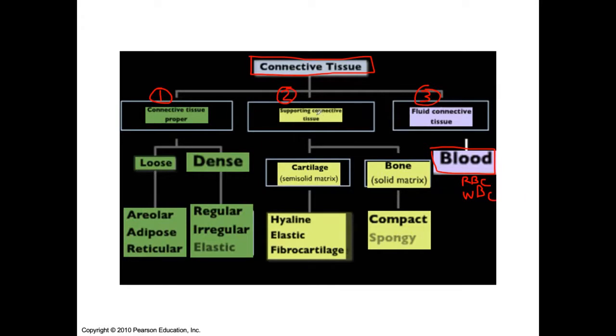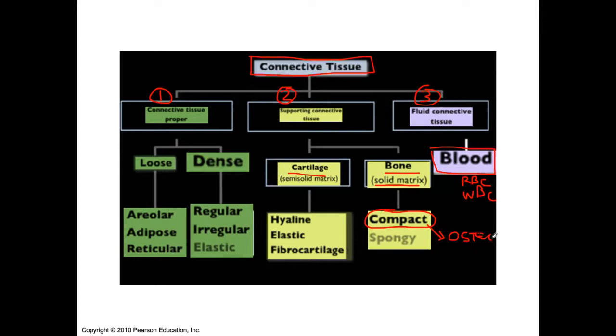When we talk about supporting connective tissue, we're talking about cartilage and bone. When we talk about bone, bone has a pretty solid matrix. That solid matrix, we're going to focus on compact bone. When we talk about compact bone, you're going to be hearing of a term called osteon.